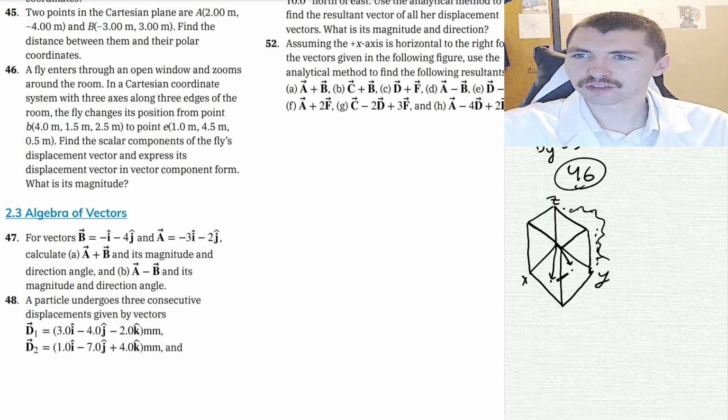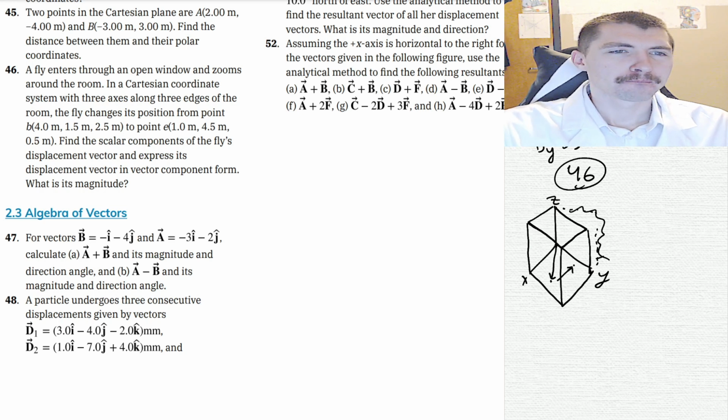Is the displacement vector this, or is it going from here to here, and they want the displacement vector to be this?